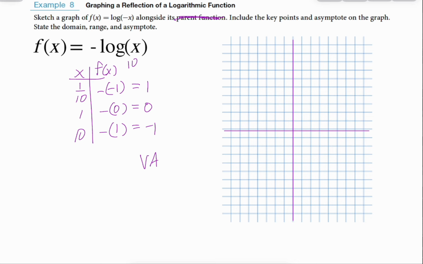We still have a vertical asymptote at 0. So let's put that on there. At 1/10, we are at 1. At 1, we are at 0. And at 10, we are down at -1.